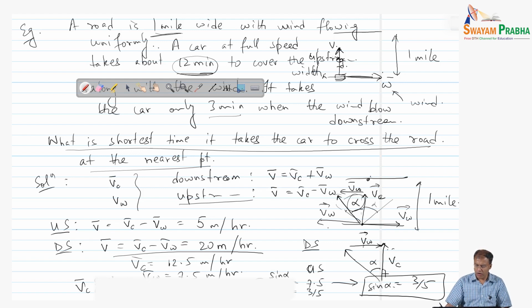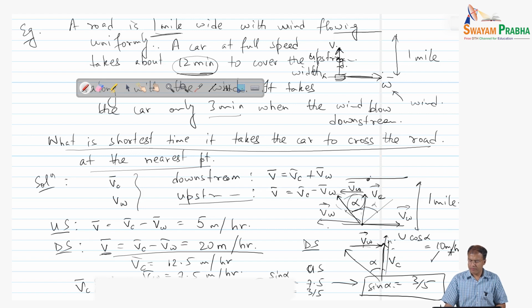Now I need to go along the perpendicular direction, and this direction will be nothing but the net velocity times cos alpha, because the sin alpha component is along the other direction. So the velocity along this direction comes out to be v cos alpha, which is 4/5, around 10 miles per hour.